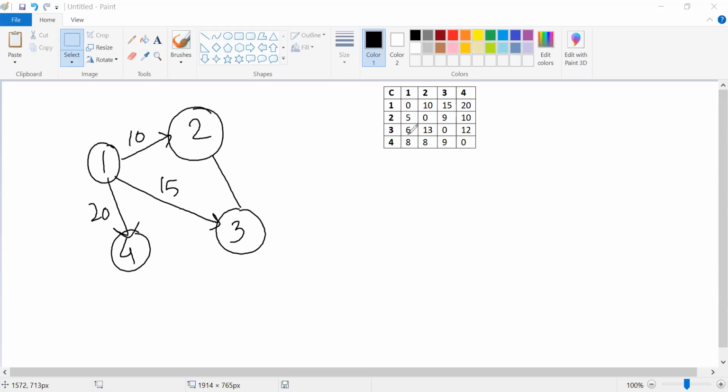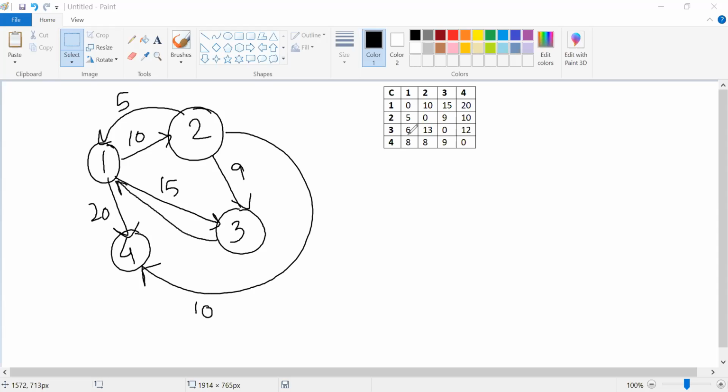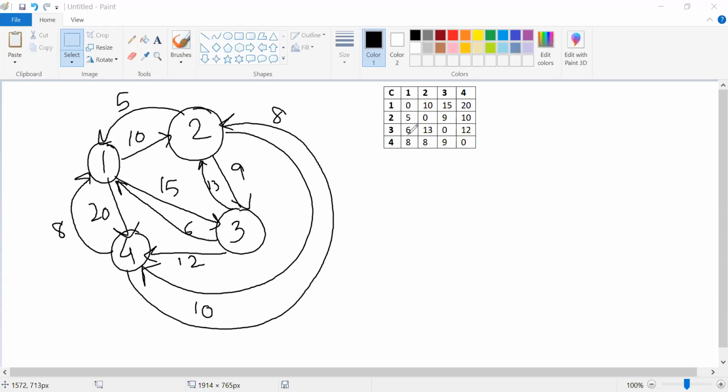Then 2 to 1, 2 to 3, and 2 to 4. 3 to 1, it's a two-way edge. 3 to 1 is 6, 3 to 2 is 13, 3 to 4 is 12, 4 to 1 is 8, 4 to 2, okay, I'll take it back, now here is again 8. 4 to 3 is 9. Okay, so this is your graph.